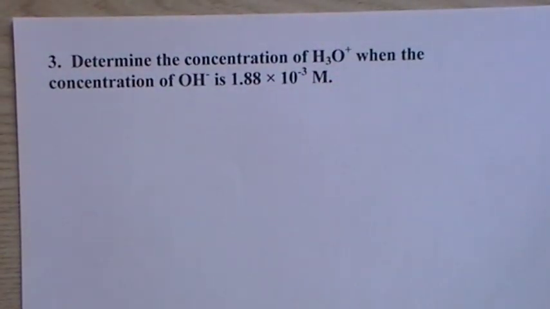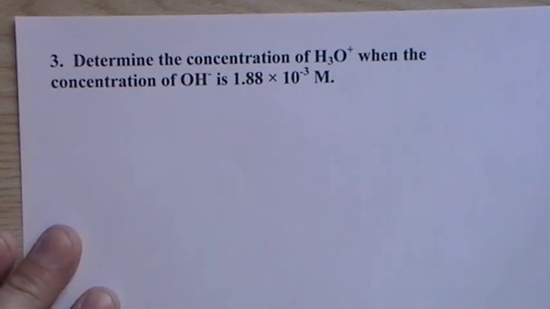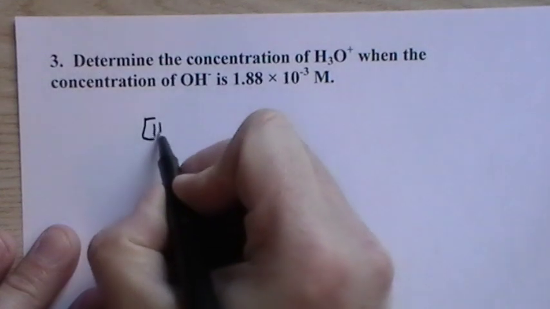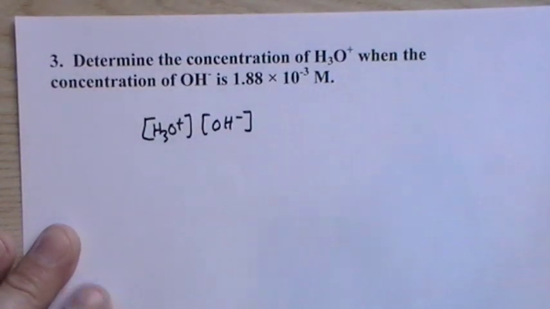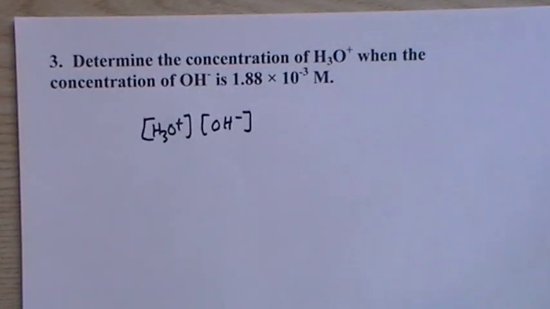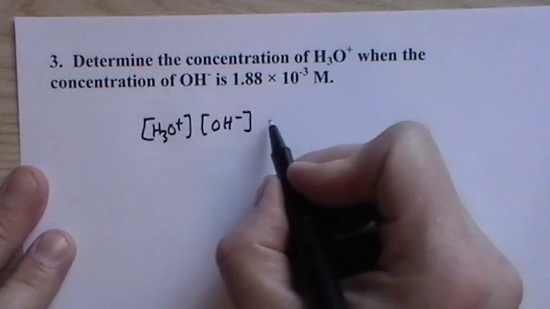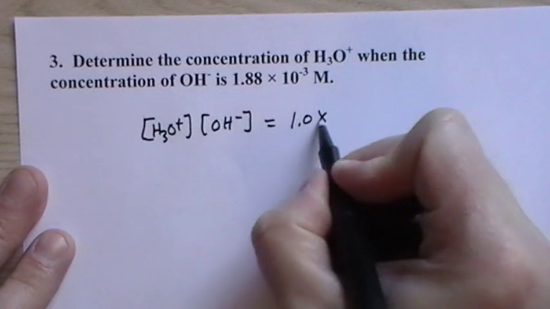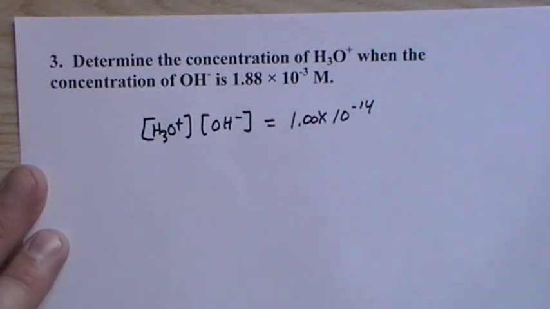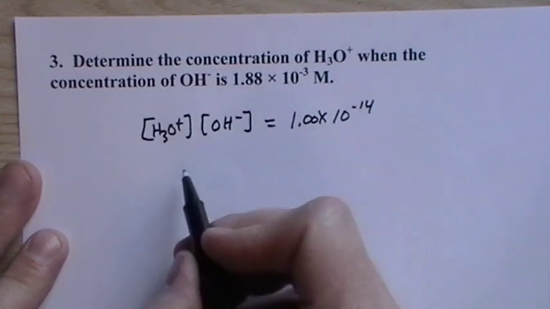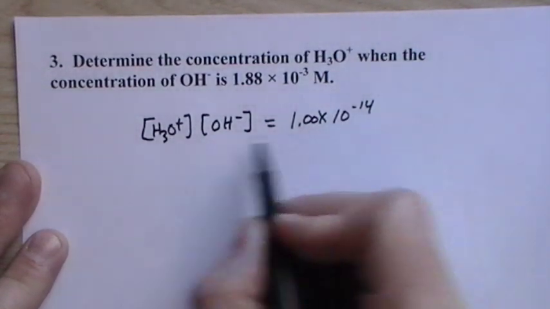Now determine the concentration of H3O plus when the concentration of OH minus is 1.88 times 10 to the minus 3. Now we've just found this expression, the Kw expression. It's a Kc expression, but because it's for water we give it a special label of Kw. I'm going to put a third significant figure there. Now this holds no matter what we have.